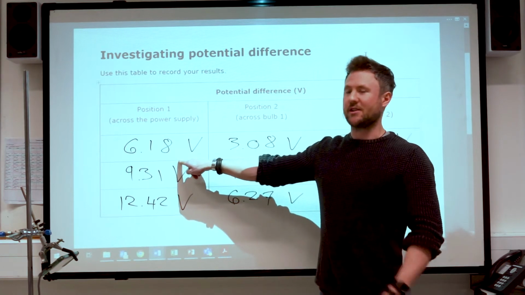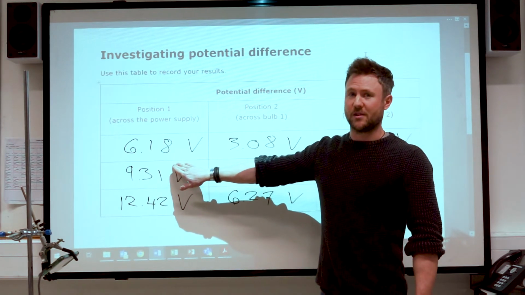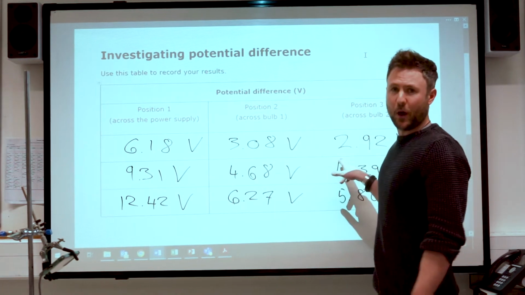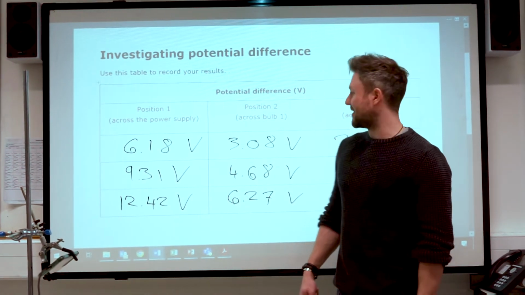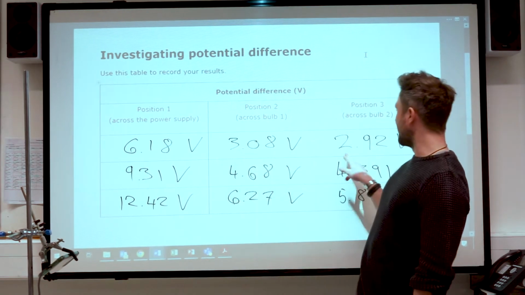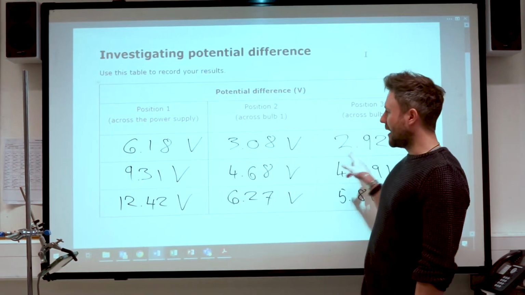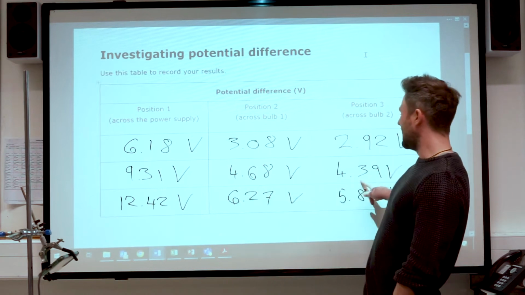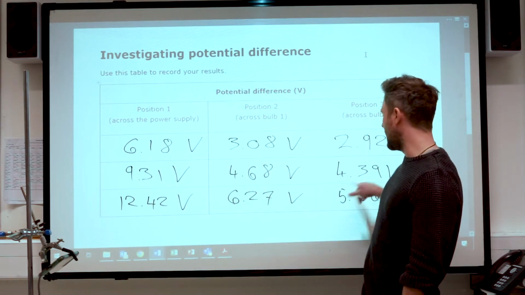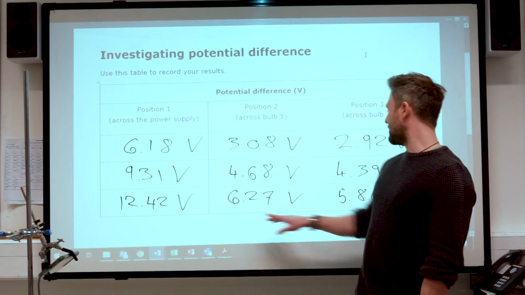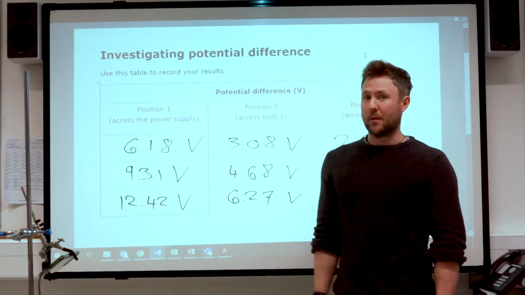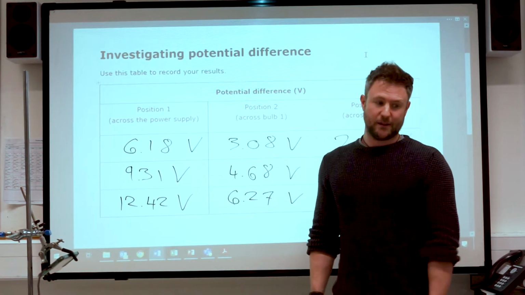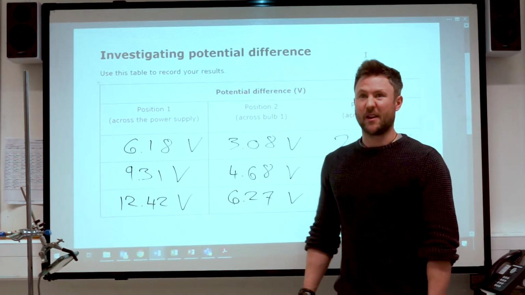Because this is a series circuit, the total potential difference or voltage supplied will be split between the two components based on their resistance. These lamps are very similar, so those numbers will be very similar. 3-ish and nearly 3. 4.6, 4.39, pretty close. This one's a little bit off, but 6.27, 5.86. We're looking for these to total our inputs from our power supply. And I think our results demonstrate that pretty well.